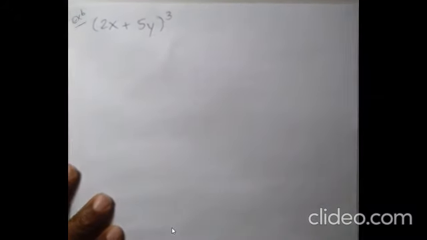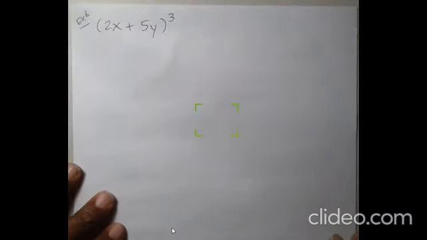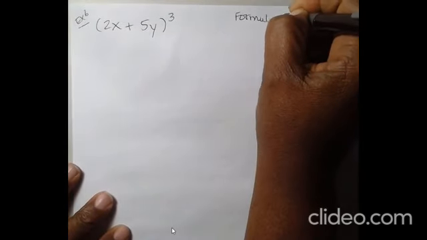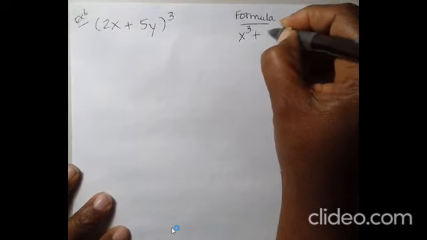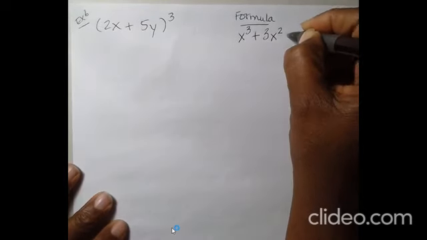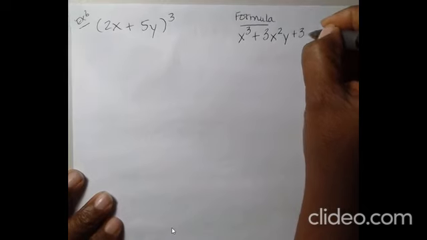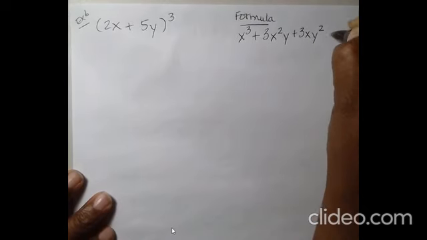Okay, so we've got 2x plus 5y cubed. This is example 6. 2x plus 5y cubed. And our formula is, we're just refreshing our minds, the first term cubed plus 3 times the first term squared times the second term plus 3 times the first term times the second term squared plus the second term cubed again.